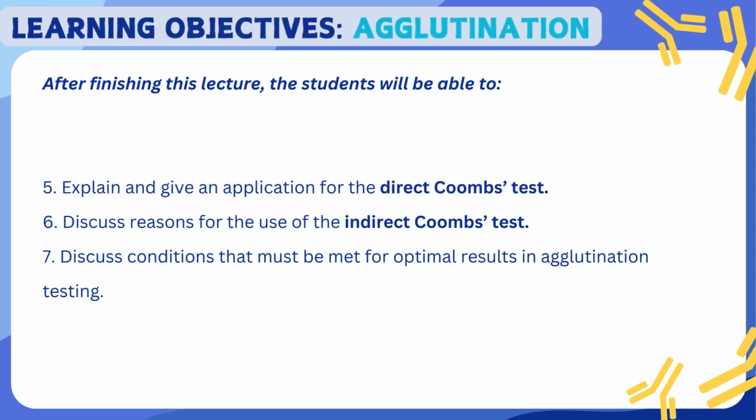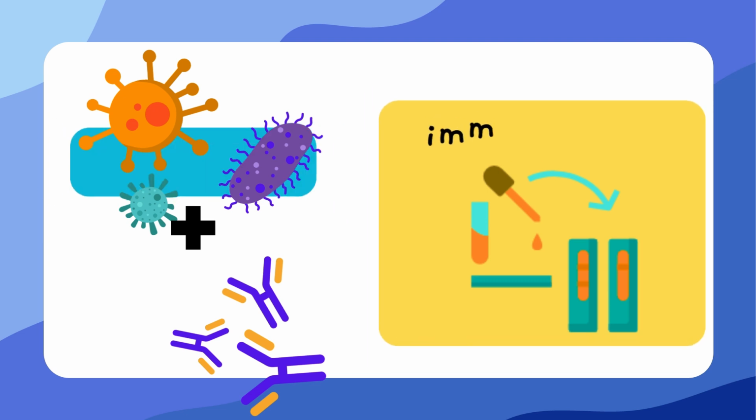And fifth, explain and give an application for the direct Coombs test, discuss reasons for the use of indirect Coombs test, and discuss conditions that must be met for optimal results in agglutination testing.